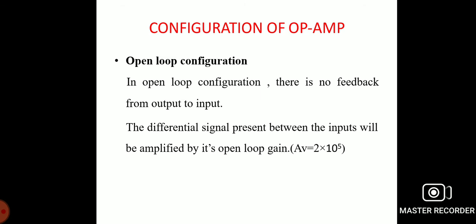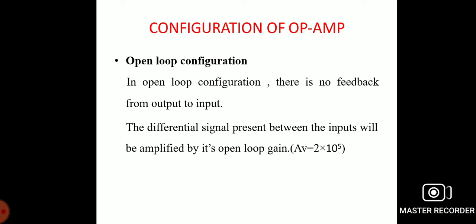The open loop gain does not remain constant but varies with temperature and also with the power supply. The bandwidth of the operational amplifier is very small, almost equal to 0. For this reason, the open loop operational amplifier is not used in practice as an amplifier.